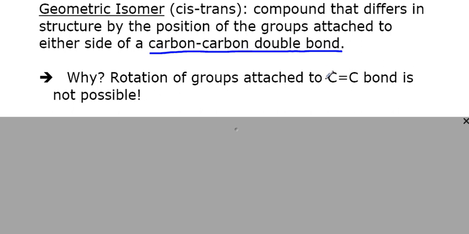When we look at atoms that are joined to double bonds, they get fixed in that location. You can't disturb a double bond. There's no bond rotation. It kind of locks them in that position or that orientation. So depending on where they're attached and on which side of the double bond, you get different shapes and appearances to the molecules. So how does this work?